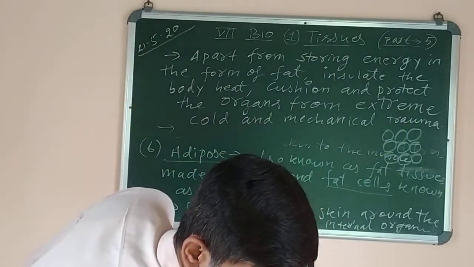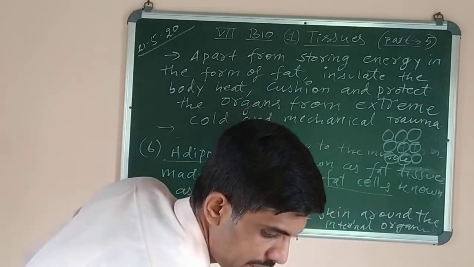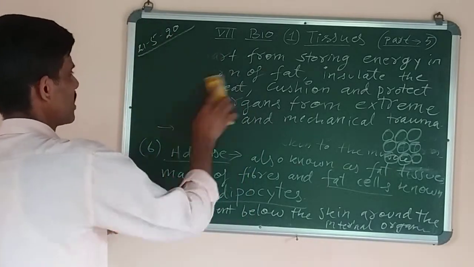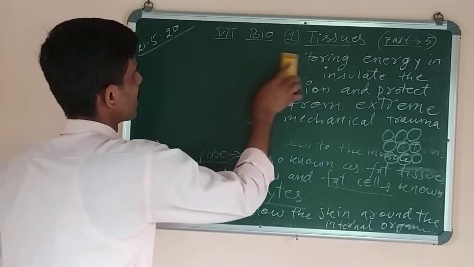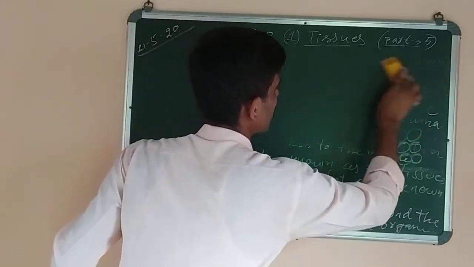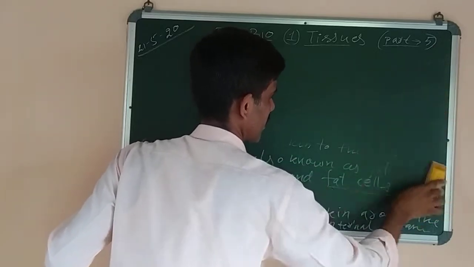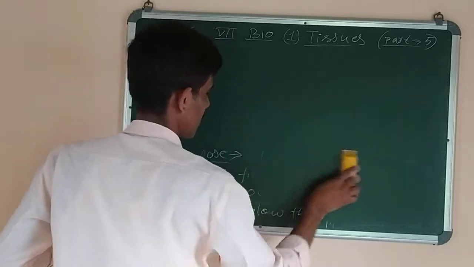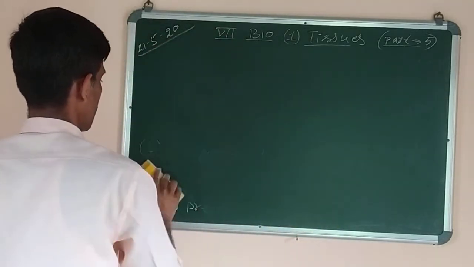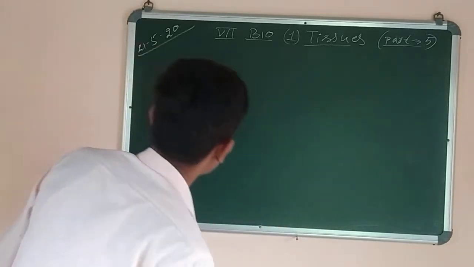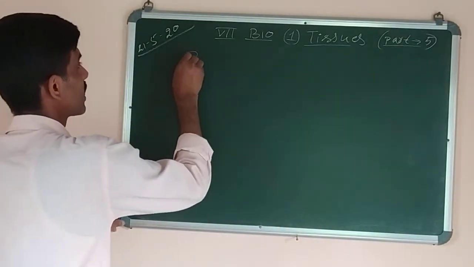Now the next tissue we have to start is our dense connective tissue. So first we have to clean this all. Now next we have to do dense connective tissue.